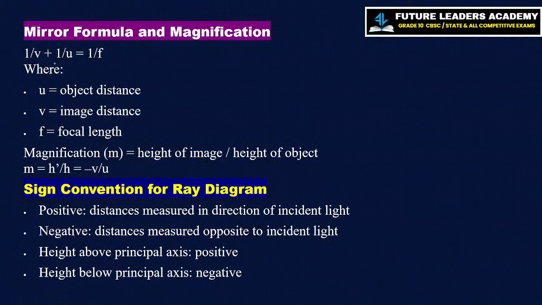So the formula is 1 by v plus 1 by u is equal to 1 by f. Here u is the object distance, the distance of the object. v is the image distance, the distance of the image. Then f means focal length.